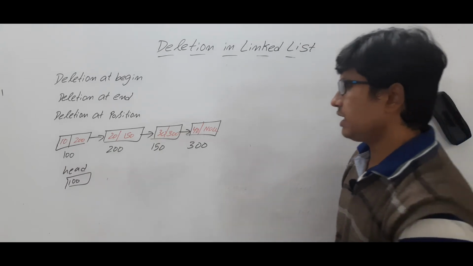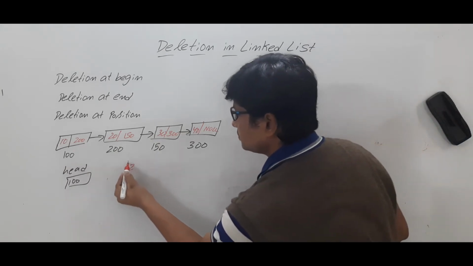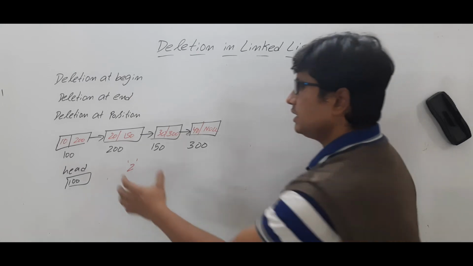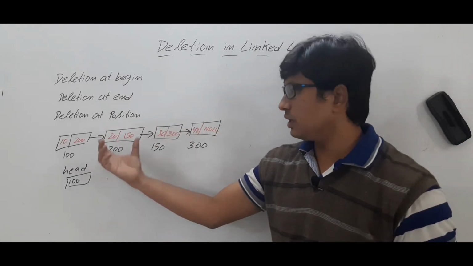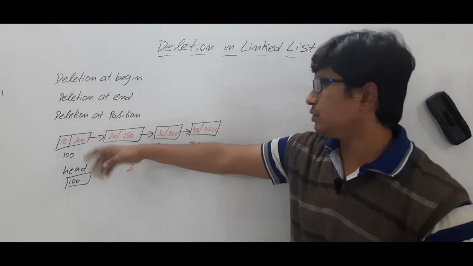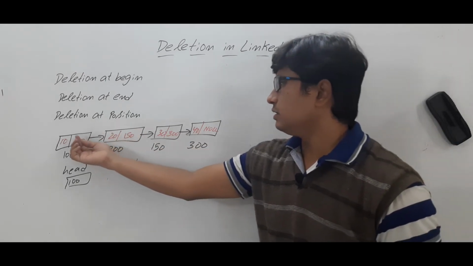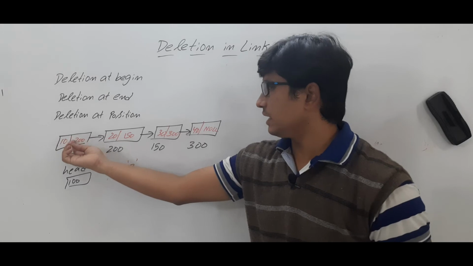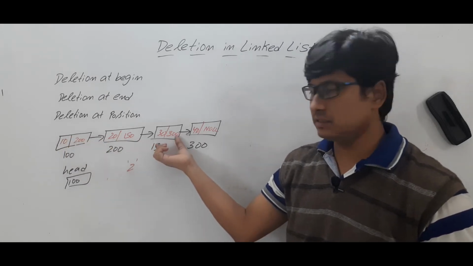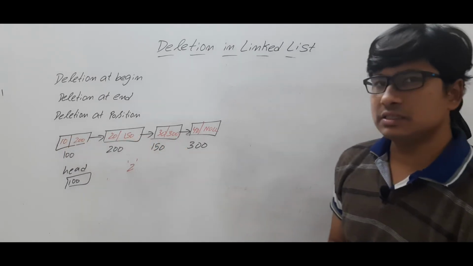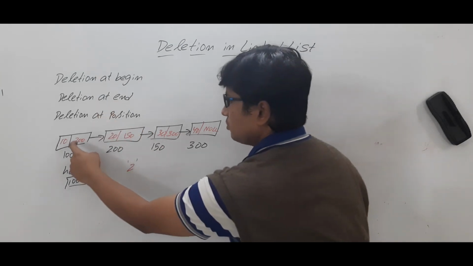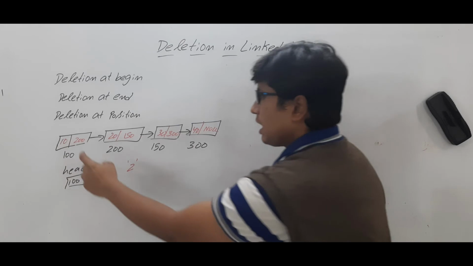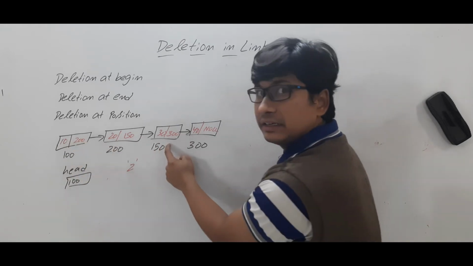Let's take that the user has entered the position as 2. Then you need to delete this node. If you want to delete this node, what are the things you have to do? First you have to make this node's next equal to this node's address. That means first you have to make this node's address be this node's address.